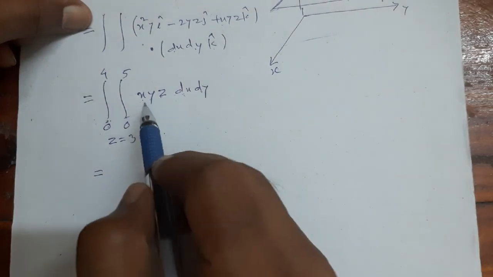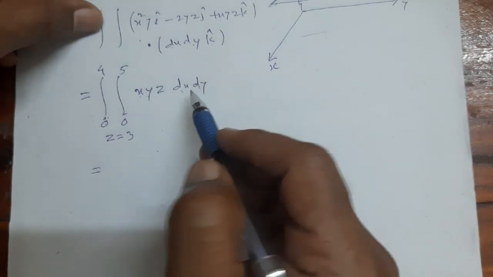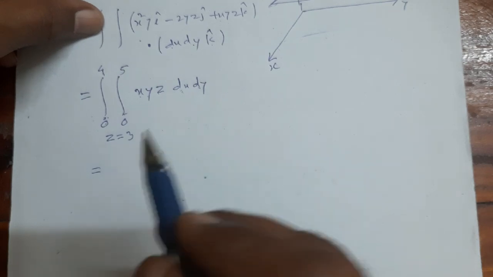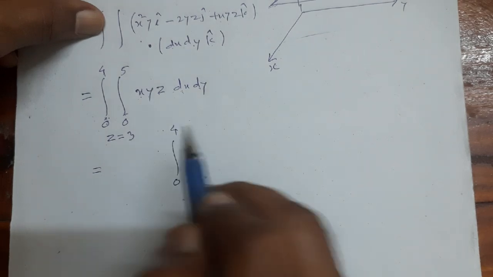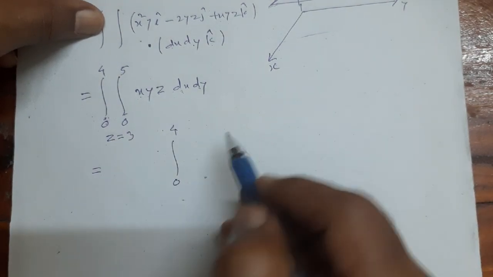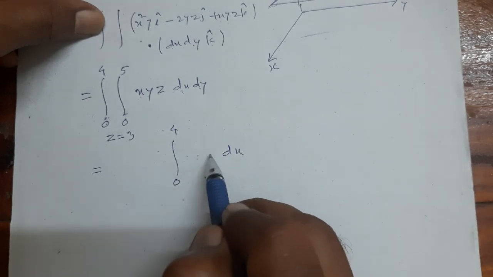Now it is not possible to solve both the integrations simultaneously right now, and therefore I will integrate first over x, say for example. Therefore I will write here it is integration 0 to 4 over dx of x, y, z.